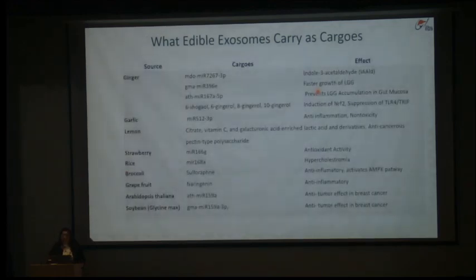So there are many cargoes which has been defined so far, and we have tabulated it that ginger, garlic, lemon, strawberry, broccoli, grapefruit, and even the soya bean, they carry certain kind of microRNA, their active compounds like shogaol, there's vitamin C, miR166, 168, naringenin. So we know that these compounds has a varying effect which has been studied so far.